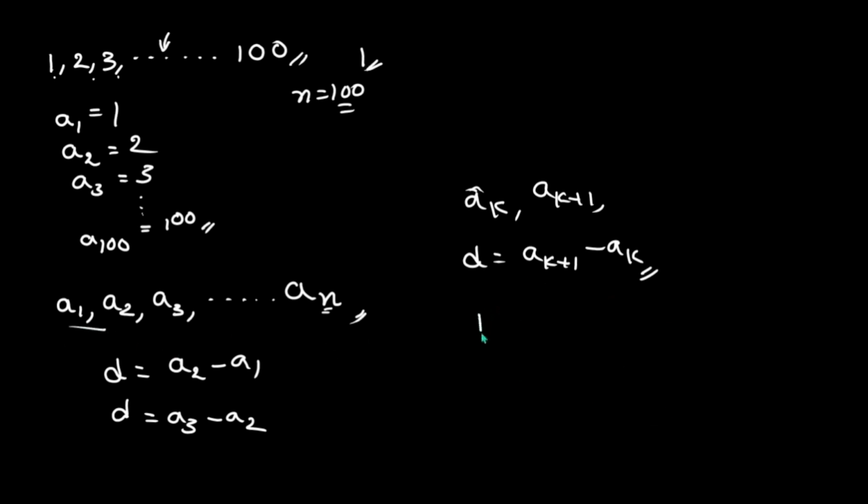For example, for the second term you can write A3 minus A2, where K is equal to 2. K may be any generalized term in the series. That's the reason we have written K here.